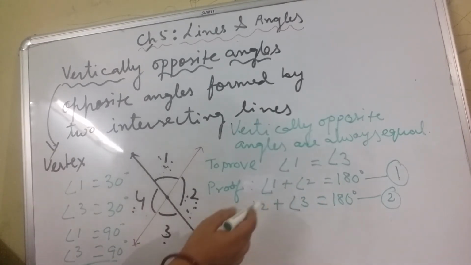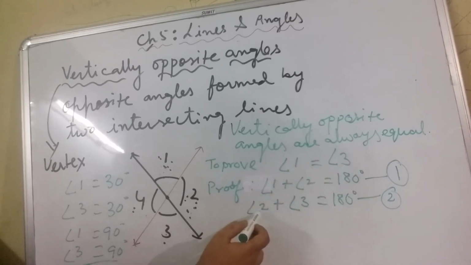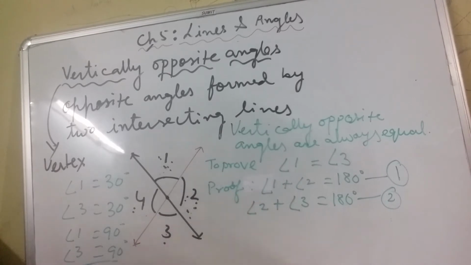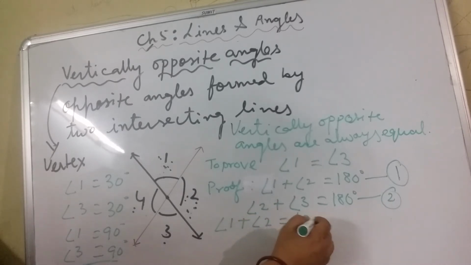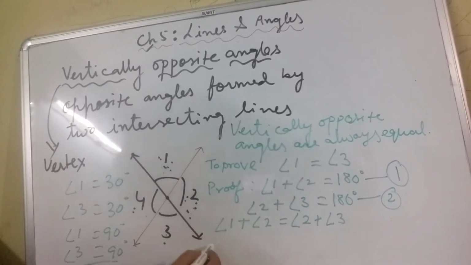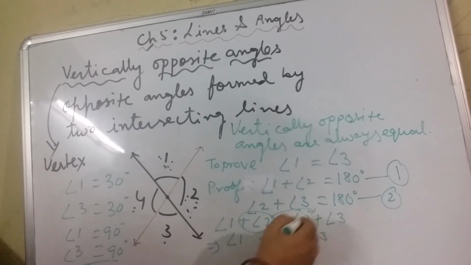Now as angle 1 plus angle 2 is 180 degrees and angle 2 plus angle 3 is 180 degrees, what can we write? We can write angle 1 plus angle 2 equals angle 2 plus angle 3. Now we can write angle 1 equals angle 3 plus angle 2, because angle 2 will come to the right hand side.